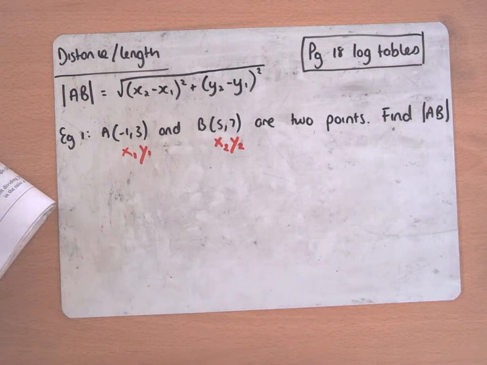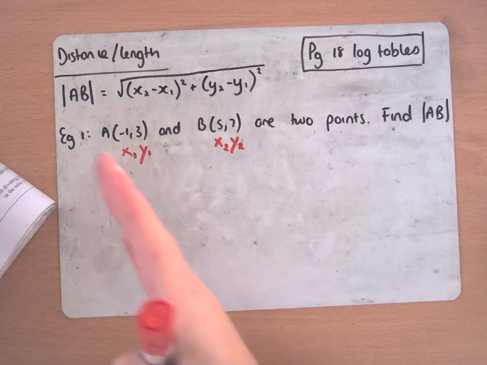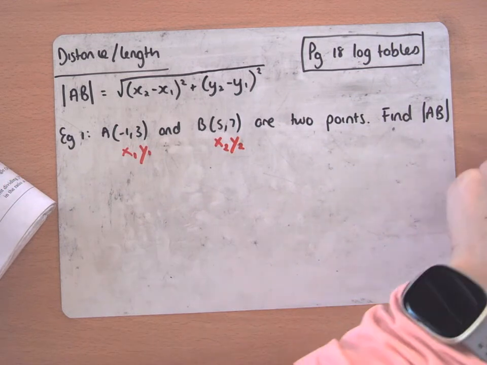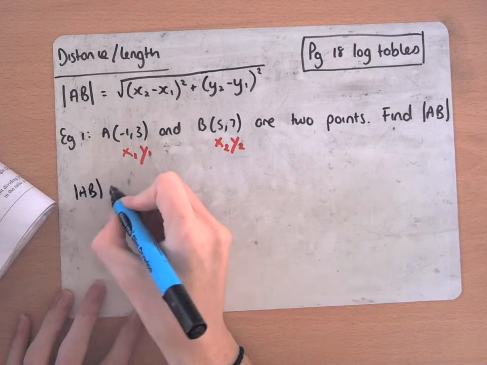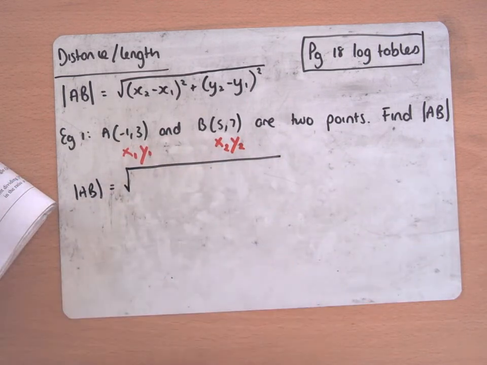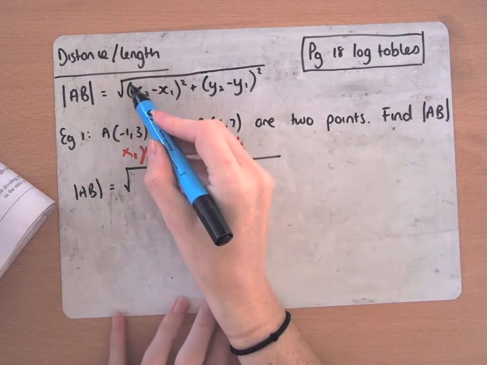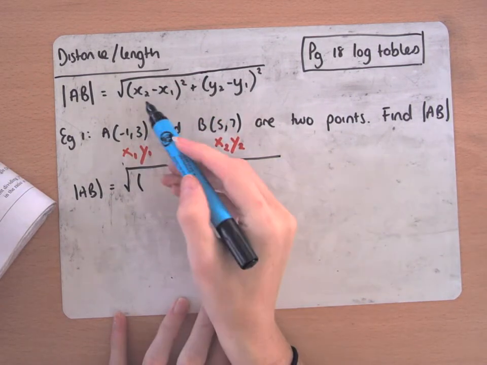Is this kind of coming back to you from first year a little bit? Some yes, some no. So always when you're labeling, it's X1, Y1, X2, Y2. Always. That never changes, because your point has to go XY, XY. Once you have them labelled, you can fill it into your formula. I know it's the square root. Now my formula tells me open a bracket, then put in x2.